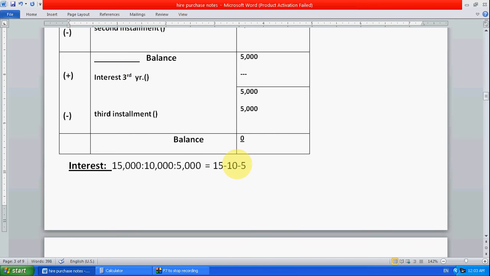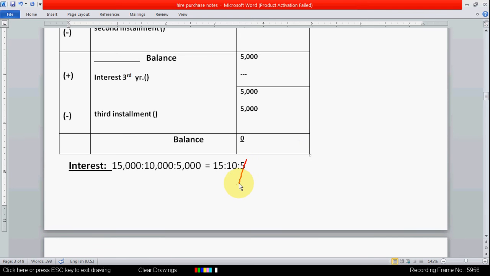After removing the zeros it's 15, 10 and 5, which means the 15 table: 15 ones are 15, 15 twos are 30, 15 threes are 45, meaning 3 into 2 into 1.